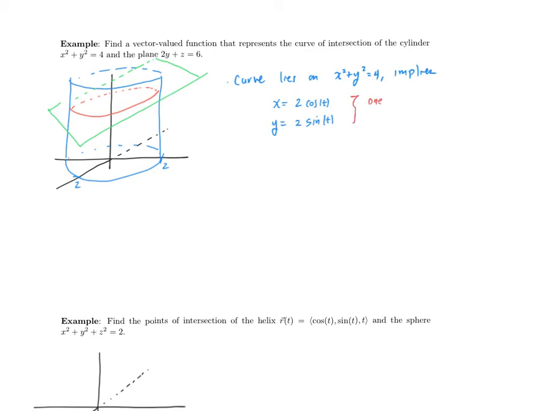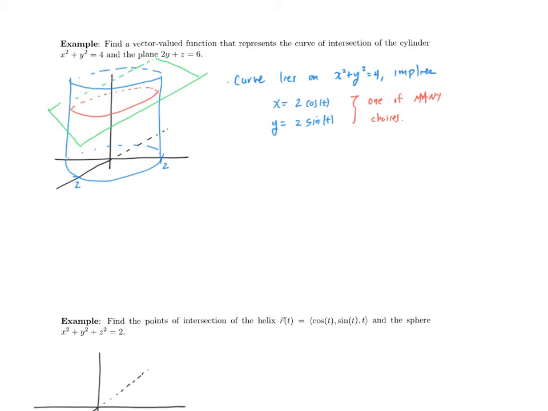This would be one of many choices that would work. For example, you could switch around the x and the y coordinates. You could make x 2 cosine of 3t and y 2 sine of 3t. So there's many different possibilities. We just need one that works. And we now have the x and the y.